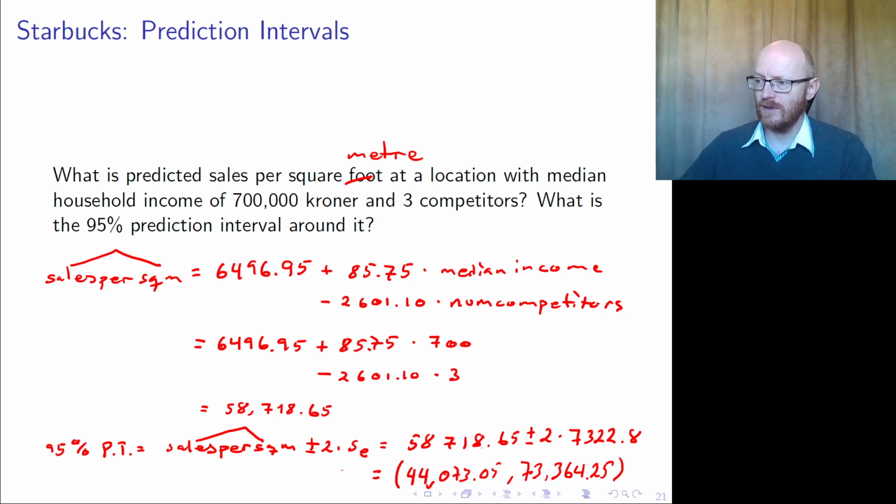And you would say that my point forecast is 58,718 kroners per square meter, but I'm 95% certain that the true sales will be somewhere in the range of 44,000 until 73,000. Okay?